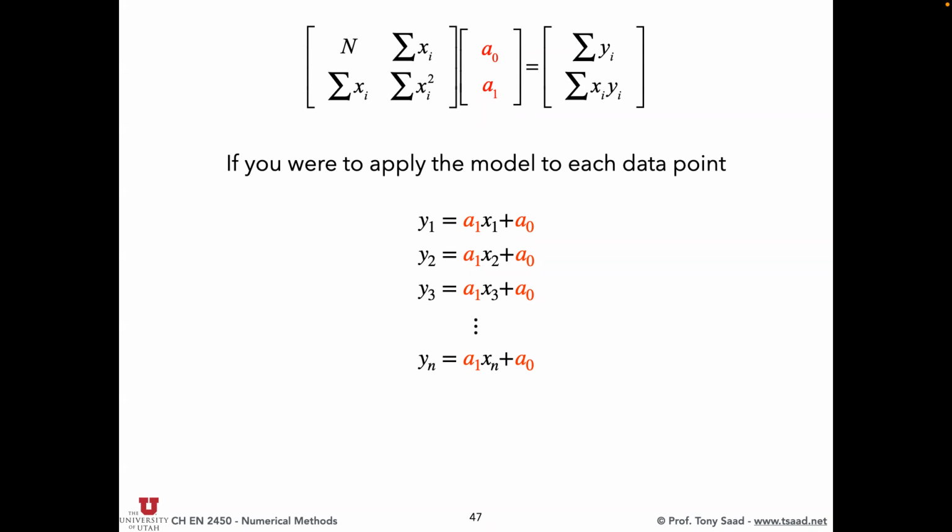So remember what you did last time when we had A0 plus A1x and 3 data points or 50 data points. You applied it at each data point, correct? So that's what we did with regression. We took the model, which is A1x plus A0, and applied it at each data point. So y1 is A1x1 plus A0, y2 is A1x2 plus A0, y3 is A1x3 plus A0, correct?